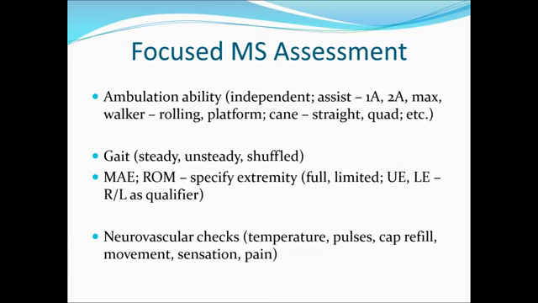In relation to the extremities and the joints, the abbreviation MAE refers to moves all extremities. And for our purposes in clinical, that is a really good thing to be able to document. If you're writing full ROM, remember, ROM is range of motion. So if you're writing full ROM, that means that you have assessed every single one of those joints, and every single one of their joints is at maximum function.